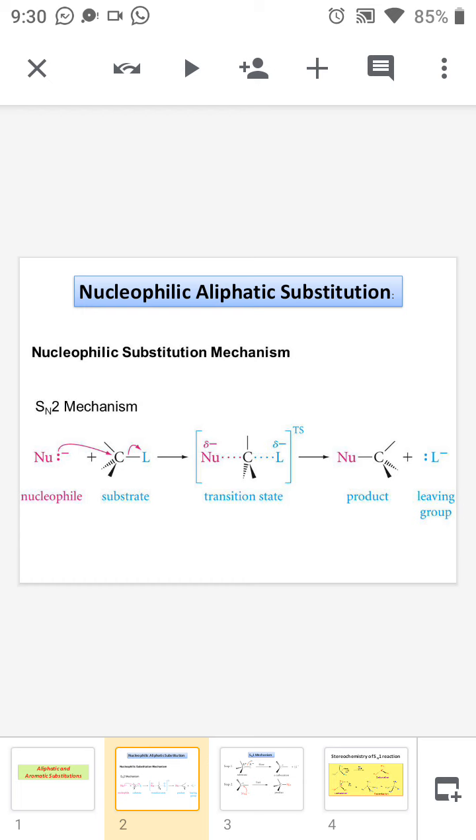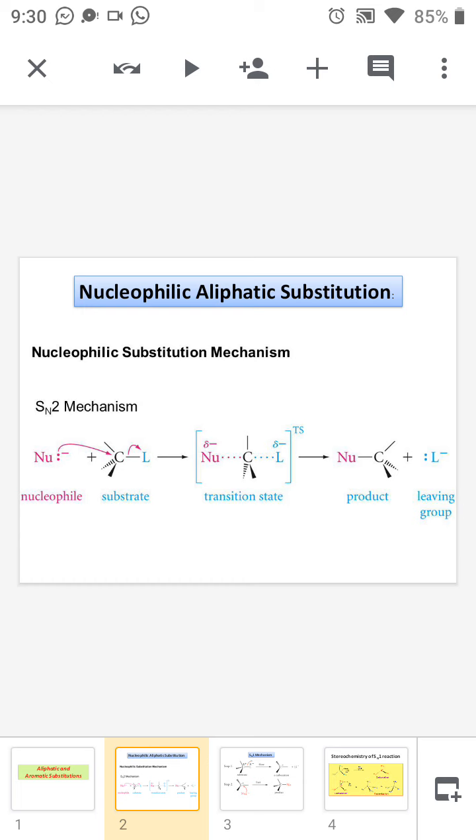We already studied the SN2 mechanism, and the SN2 mechanism undergoes through a transition state, and this is a single step reaction, in which the concentration of the nucleophile and the substrate is very important. Both of them determine the rate of an SN2 reaction.